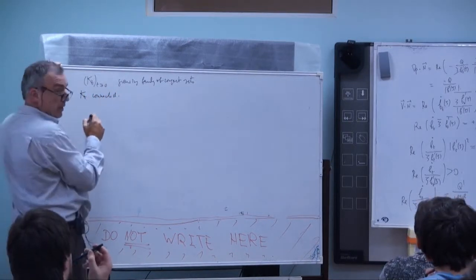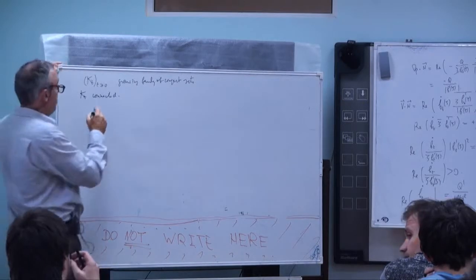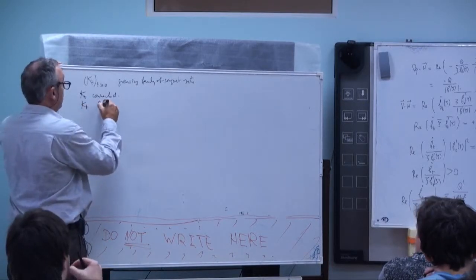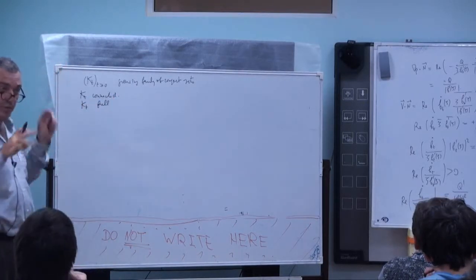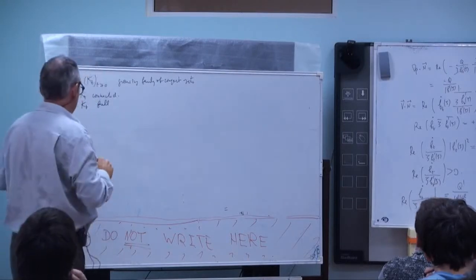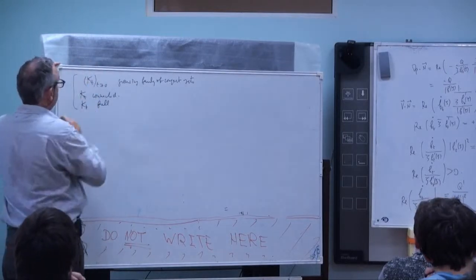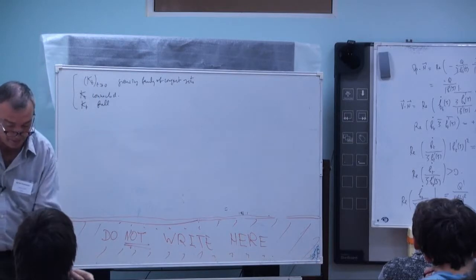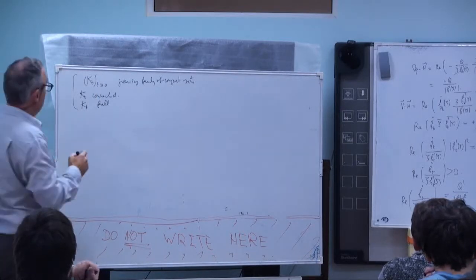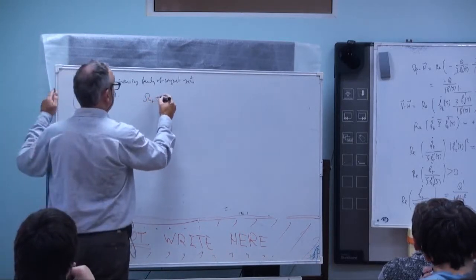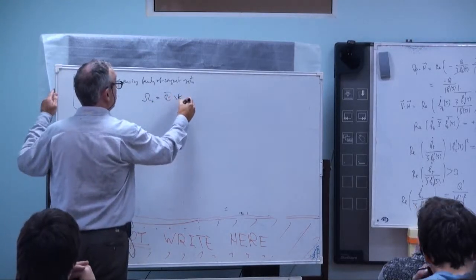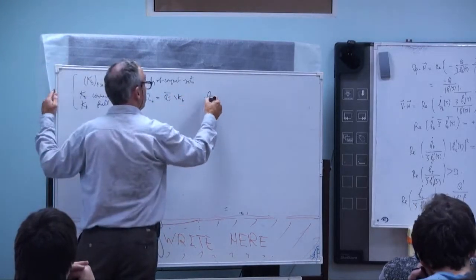And we assume that the complement of KT is connected, which means that KT is so-called full. Okay, there are no holes. Then for this family, as we have said, we can define omega t equals the complement of kt, and we have the Riemann map ft.